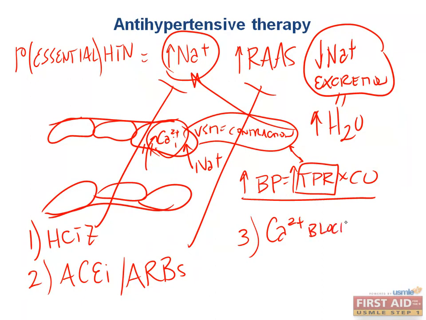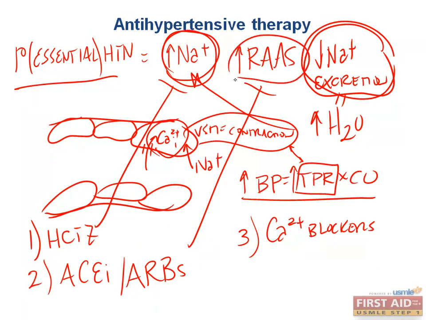So again, in quick review, primary essential hypertension is due to problems with retaining too much sodium, not secreting enough, and overactivation of the renin-angiotensin-aldosterone system. We treat that with ways to block sodium reabsorption, such as hydrochlorothiazide, to block the overactivation of the RAS system with an ACE inhibitor or an ARB if they develop a cough from the ACE inhibitor.